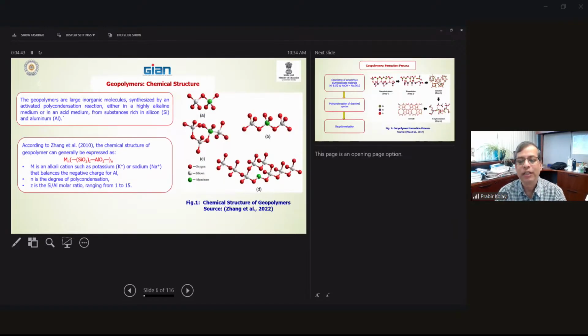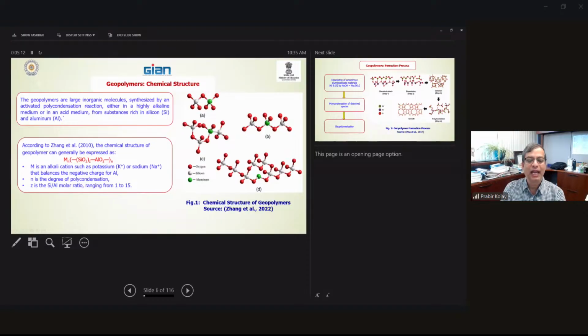So geopolymer, as I mentioned, is an inorganic molecule synthesized by an activated polycondensation reaction. So basically, you see the silica, alumina, the silica, oxygen, alumina. These are the critical structures. According to Zhang et al. 2010, the chemical structure of geopolymer is Mn[-(SiO2)z-AlO2]n.